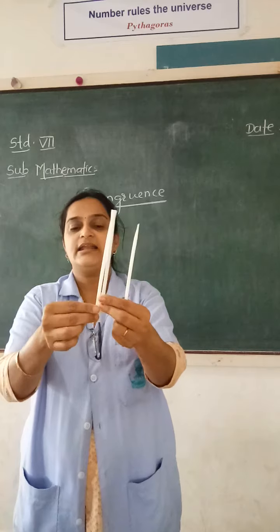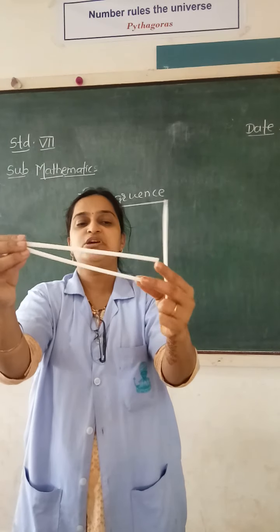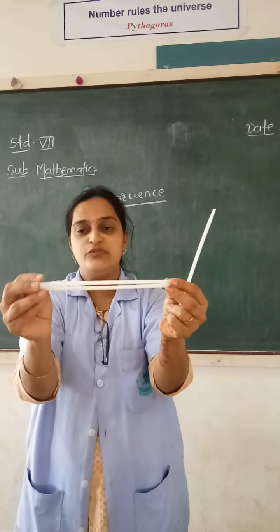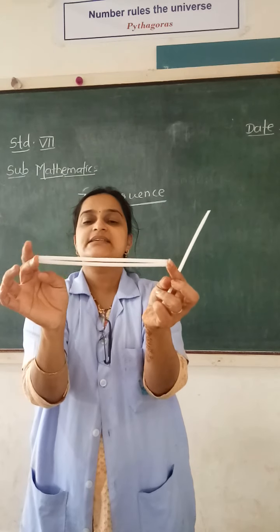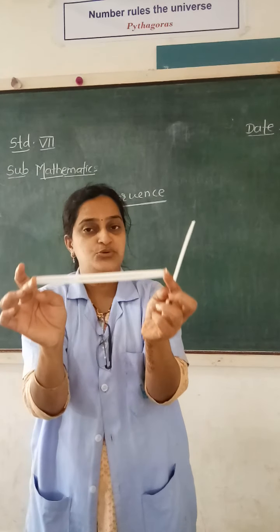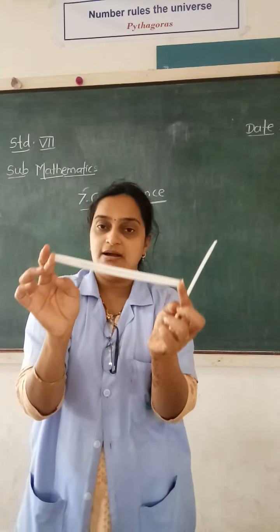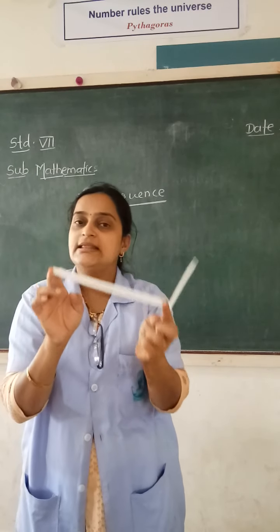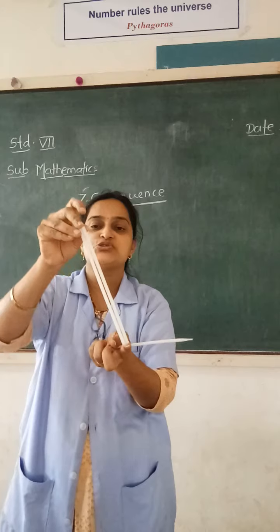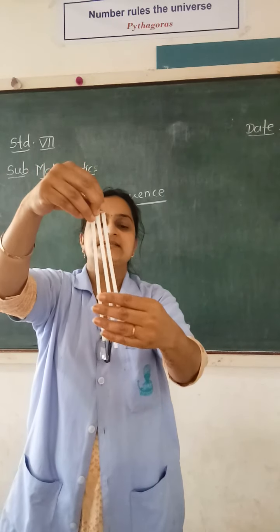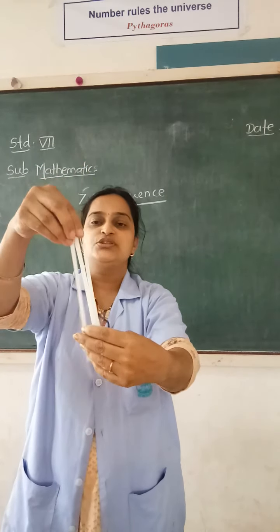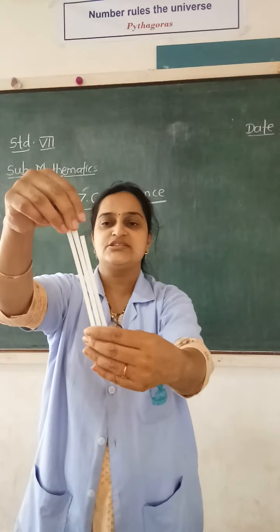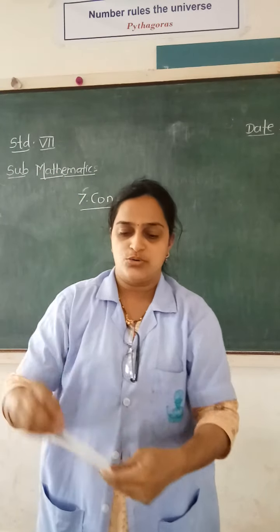Only if they are equal in length. We have studied this last year, how to compare line segments. We compare line segments by measuring their length, and hence for congruence also you should consider length. So these two are congruent, whereas these two are not at all congruent.